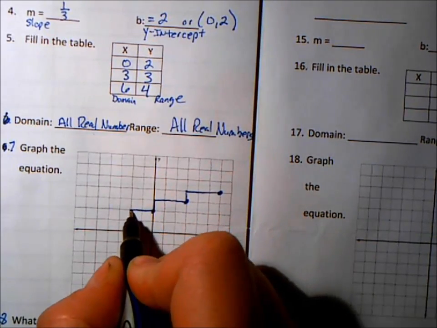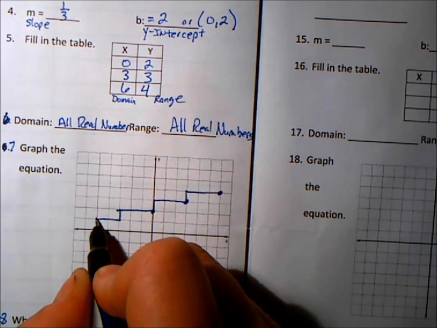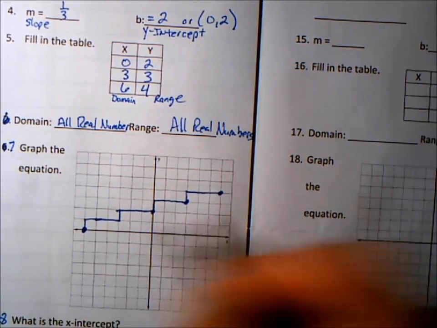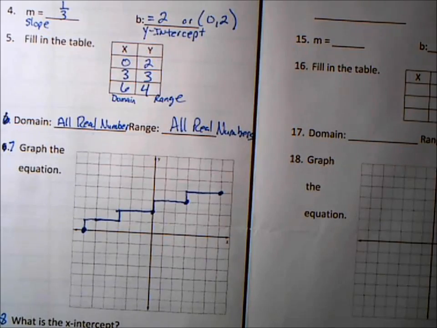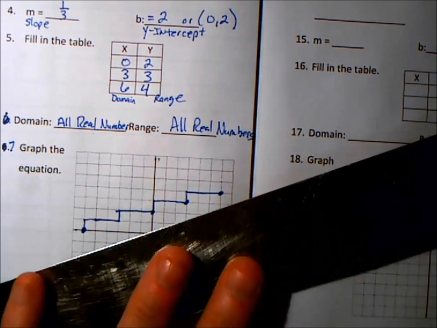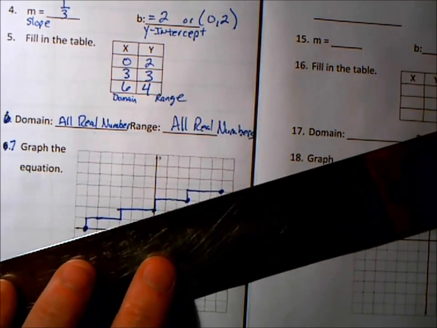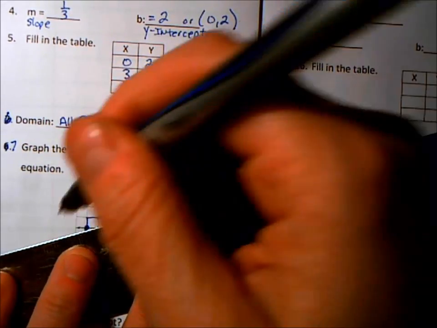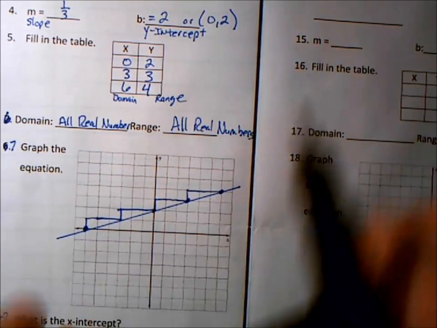Or I could go back 3 and down 1, back 3 and down 1, and I can draw my line. Remember to draw this with a straight edge. Do not freehand this. So you can use your ID and draw your line.